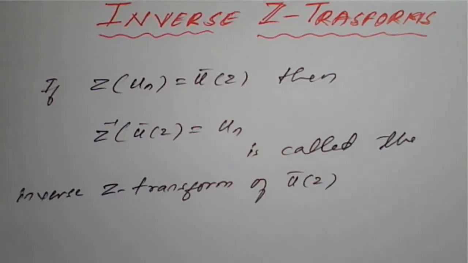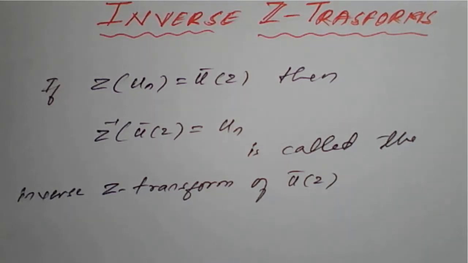Then, based on our formulas of Z transform, we have already seen the standard results of Z transform in our introduction of Z transform. Using that, we can consider what inverse Z transform is.